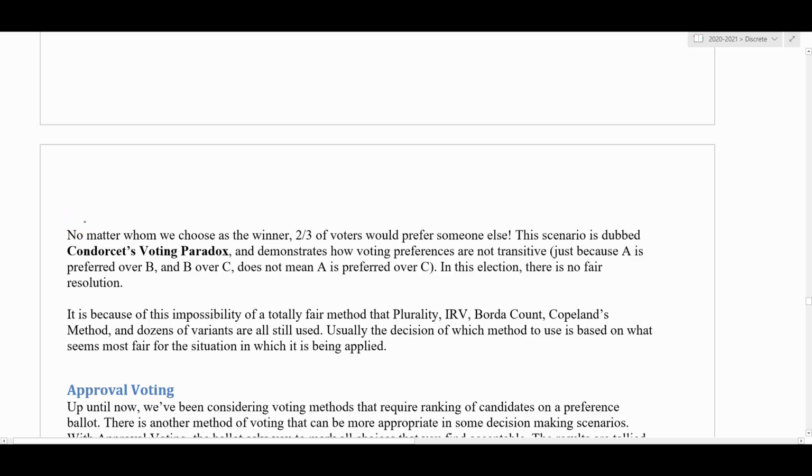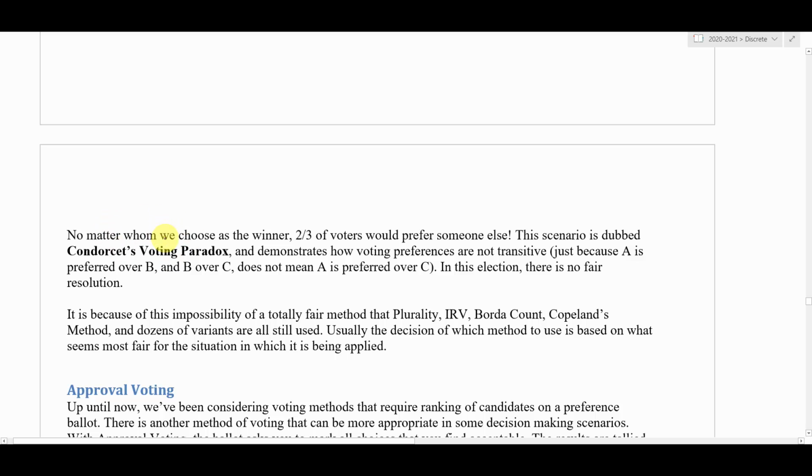It's very difficult to find a group consensus when the results fall the way they did in that election. This scenario is what's called the Condorcet voting paradox, and it demonstrates how voting preferences are not transitive. If A is preferred to B and B is preferred to C, it does not mean that A is going to be preferred over C. So that transitive property just doesn't work in voting.